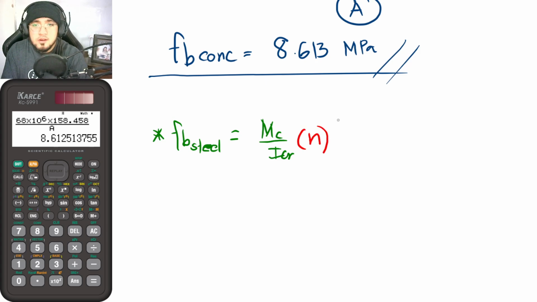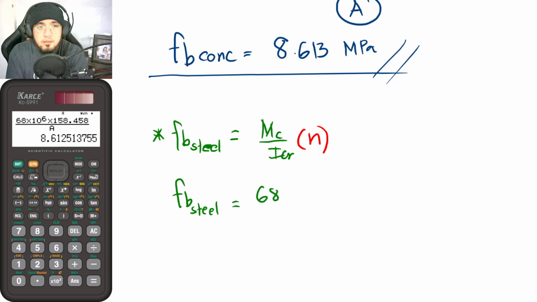So for fb of steel, this is now equal to, so the moment, let me rewrite my ugly writing. Again, for fb steel, our moment is still 68. Am I correct? 68, okay.